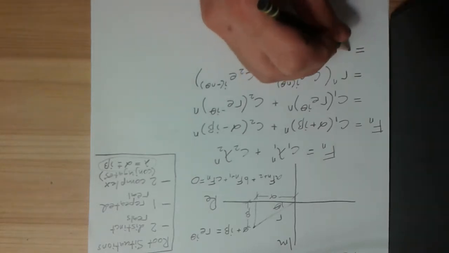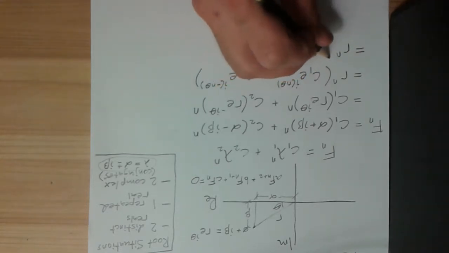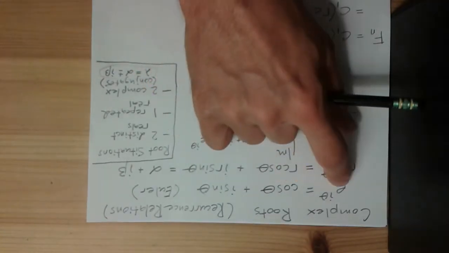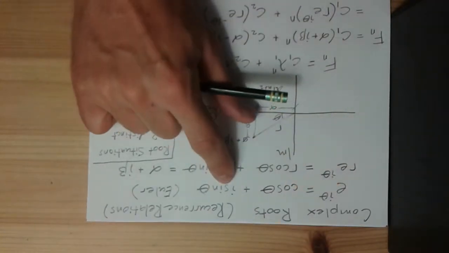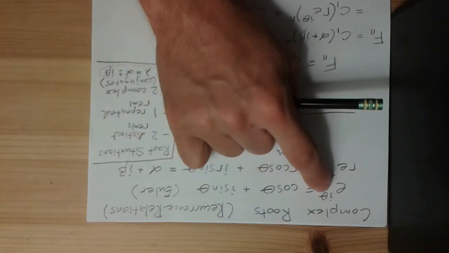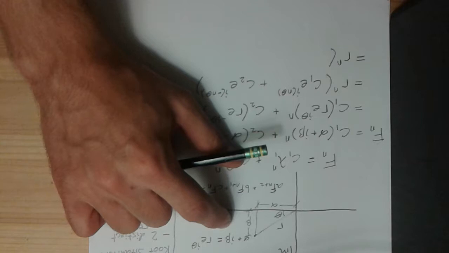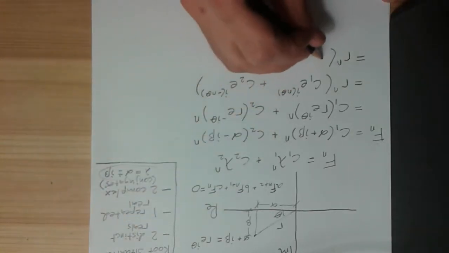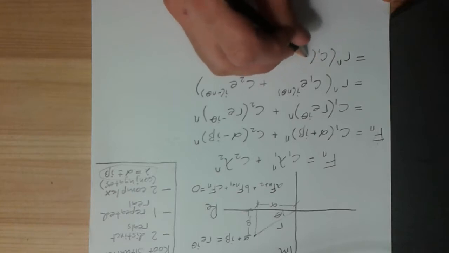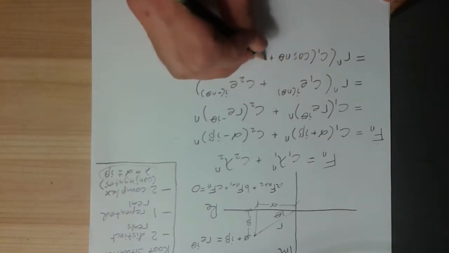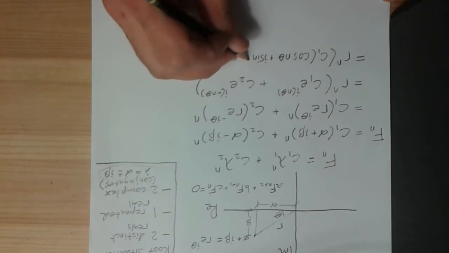And so from here I'm just going to simply apply Euler's formula, which is this one here: e to the i theta is cosine theta plus i sine theta. I just have a slightly modified argument. Instead of theta, I'm now dealing with n theta. So here I'm going to have c1 times cosine n theta plus i sine n theta.